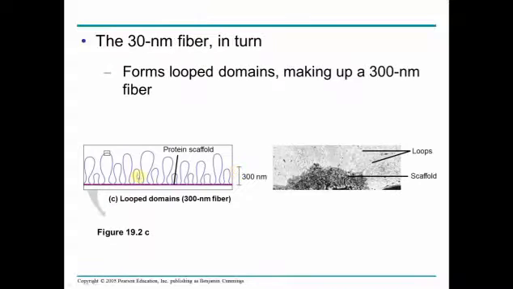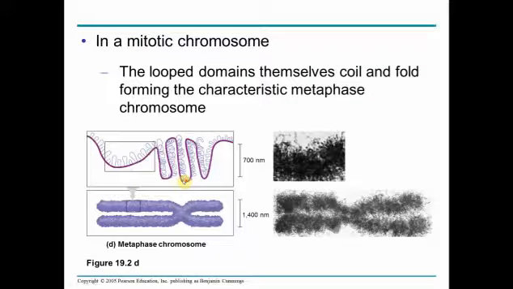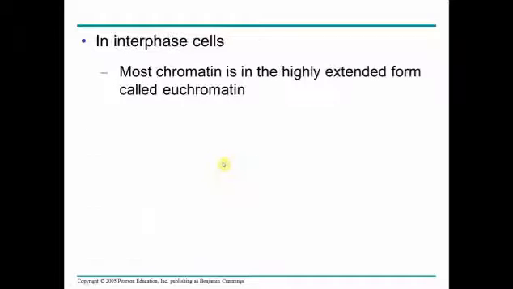And then we get these loop domains where the DNA is wrapped even further, where there's many, many beads along this one length of loop domain, and it's attached to this basic scaffolding protein. And then finally we get into the actual chromosome. Here's a chromosome in metaphase, where if you look down in this region of the chromosome, this is what we're seeing up close with the loop domains and so on, as we mentioned before.